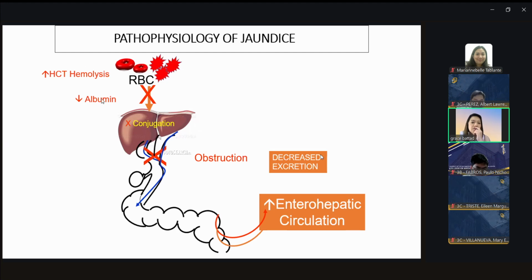Bilirubin 1 travels to the liver through the albumin transport mechanism, gets conjugated in the liver, and then becomes bilirubin 2. If there is obstruction there, then you will have a direct hyperbilirubin elevation. If there is intestinal obstruction, you can also have increased enterohepatic circulation, and the B2 is converted back to B1. So anywhere along this pathway would produce jaundice. You just have to know whether it is indirect or direct.